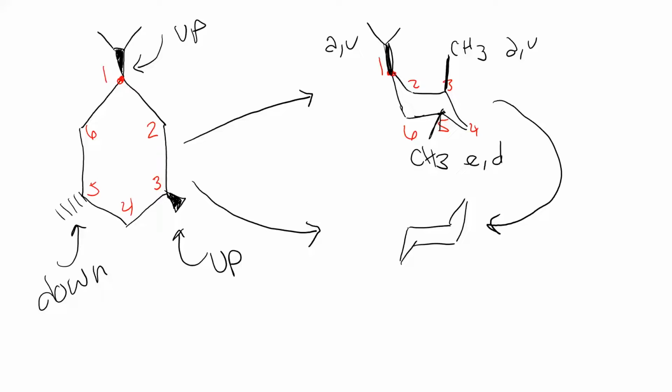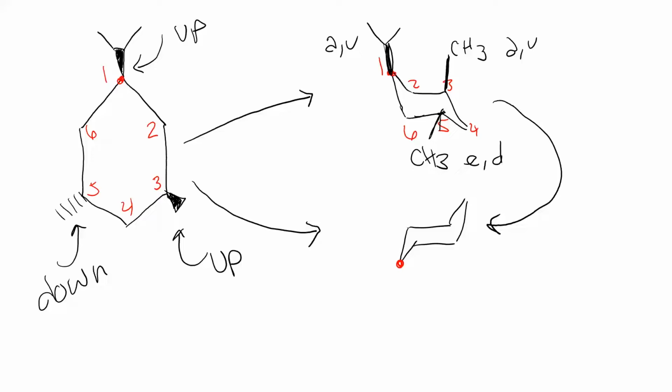But in a ring flip, my equatorial becomes axial and my axial becomes equatorial. And again, I could just figure that out by drawing it, and you'd see that these have to be that way, or you could just write out the opposites, equatorial, equatorial, and axial.